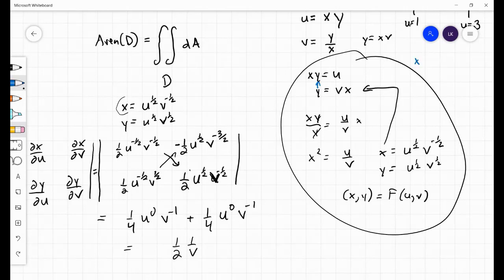Right, so we got that x times y now becomes x times v times x equals u. So that's x squared is equal to u divided by v. So x was the square root of u over v. Or if you'd like, x is u to the 1/2 times v to the -1/2. So that's what I did. And of course, that then allowed me to solve for y as well.